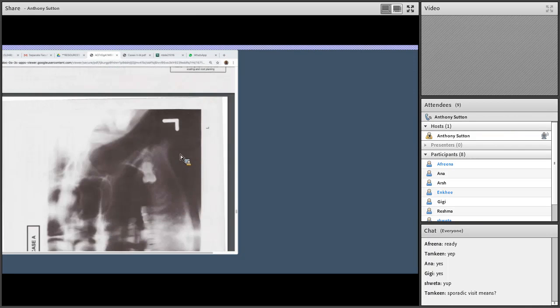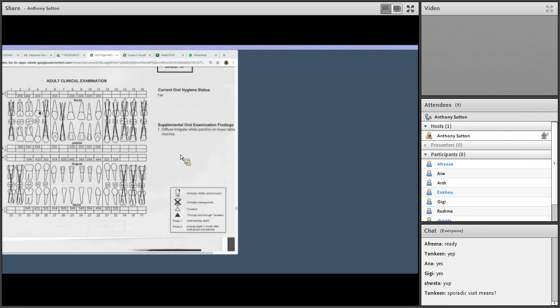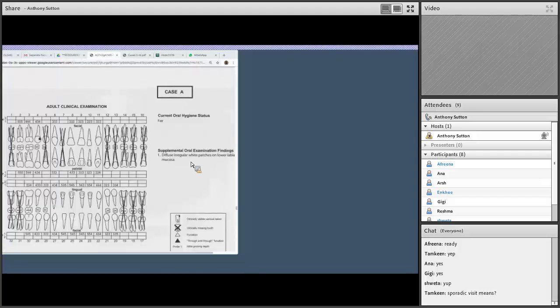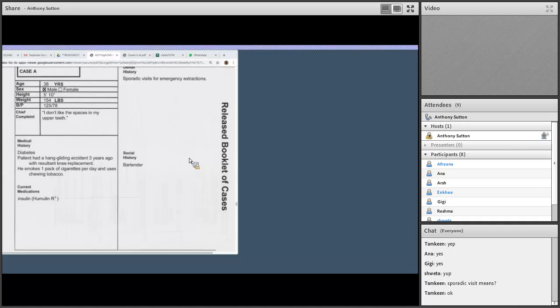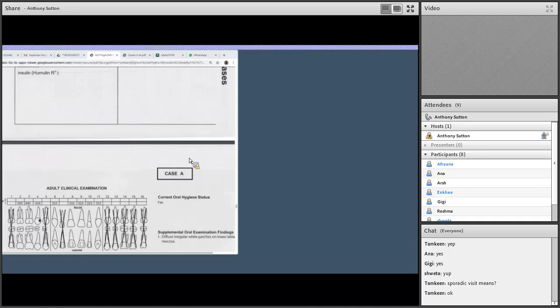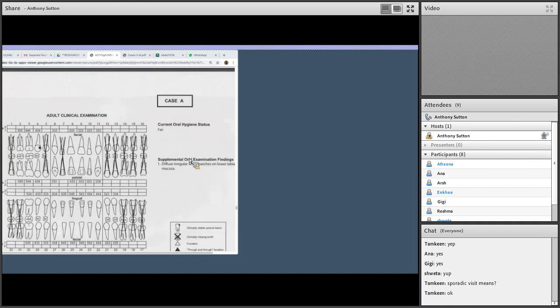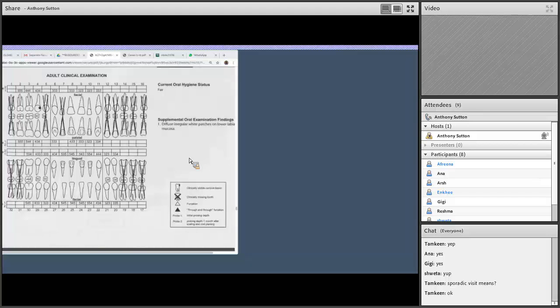And so what's important is that you understand sporadic means occasional, just like whenever he needs it, he shows up. Okay. Anyway, you want to look at this history because sometimes the history is not going to match what your clinical findings that they give you are. Okay, because you're going to want to marry the two. In this case, it does match.